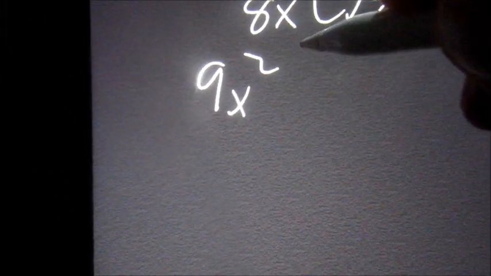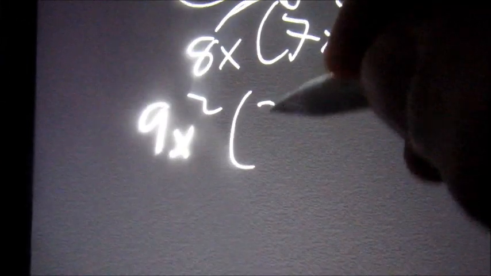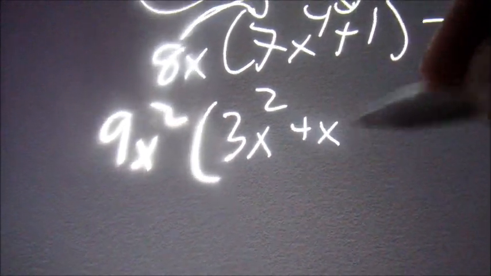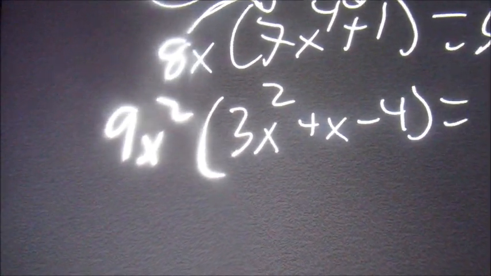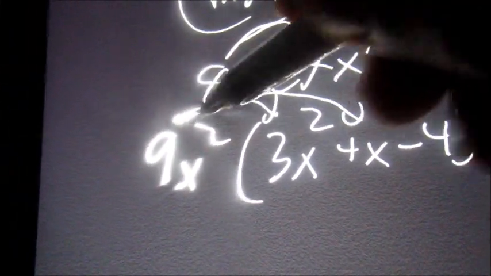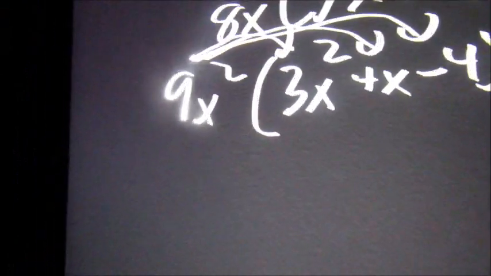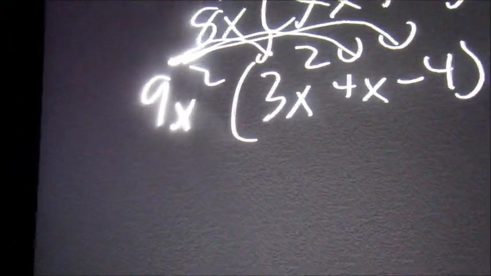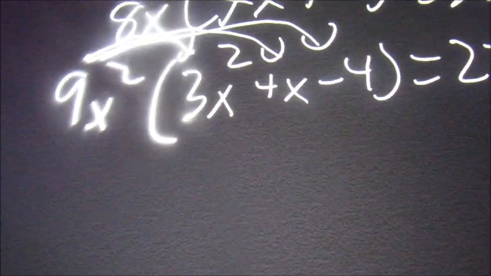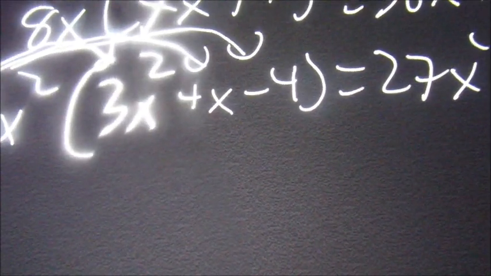Then let's say we have 9x squared times 3x squared plus x minus 4. Okay, so we're going to distribute the 9x squared to everything. And we're going to have 9x squared times 3x squared. So 9 times 3 is 27. X squared times x squared is x to the 4.